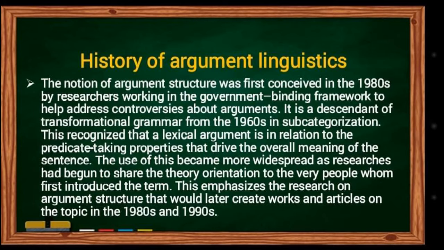This recognized that a lexical argument is in relation to the predicate-taking properties that drive the overall meaning of the sentence. The use of this became more widespread as researchers had begun to share the theory orientation to the very people who first introduced the term. This emphasizes the research on argument structure that would later create works and articles on the topic in the 1980s and 1990s.